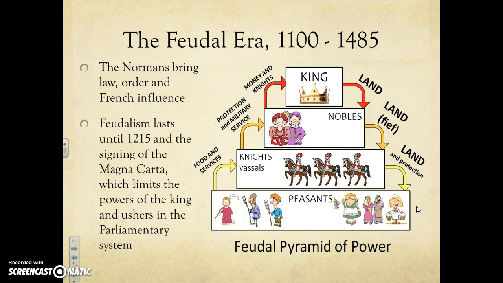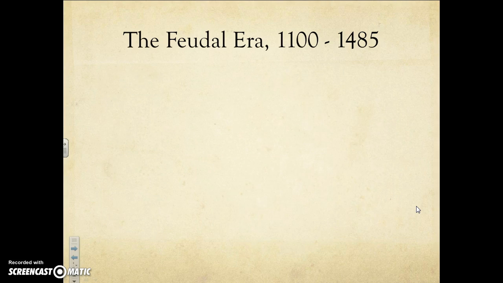It lasted until about 1215 with the signing of the Magna Carta, which ended up limiting the powers of the king and brought in a parliamentary system, which we see reflected in our government today in the United States with our three-tiered system of the judicial branch, the executive branch, and the legislative branch. So we owe much of our political history as well as our language history to this country.